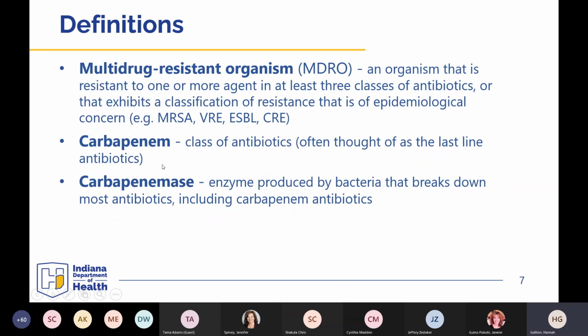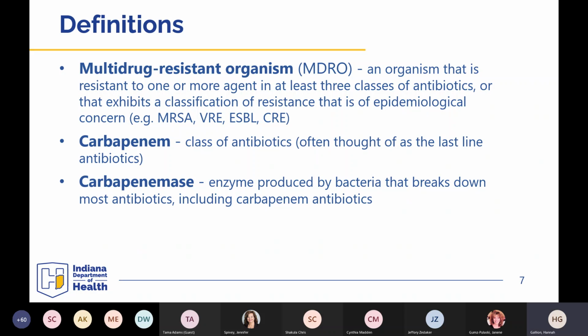So first, an MDRO is any organism that is resistant to one or more agents in at least 3 classes of antibiotics. It can also be anything that exhibits a classification of resistance that is of epidemiological concern. An example of this would be MRSA or carbapenem-resistant enterobacterales.